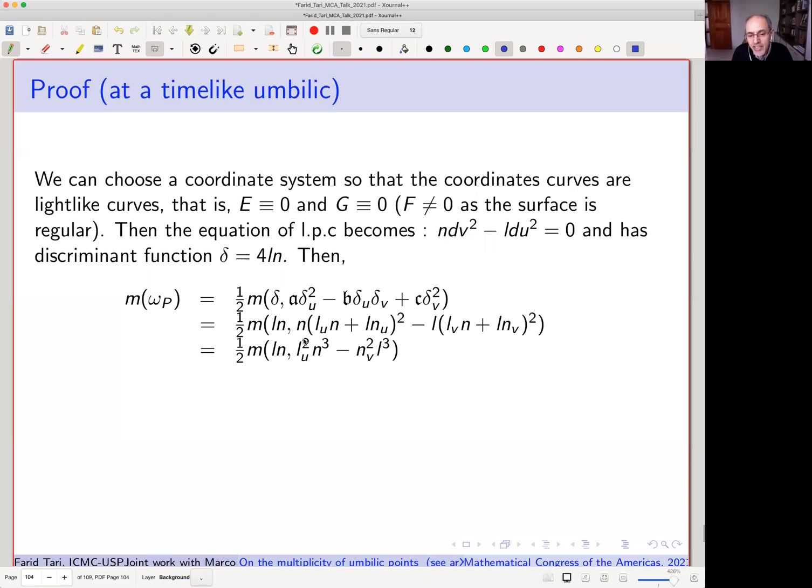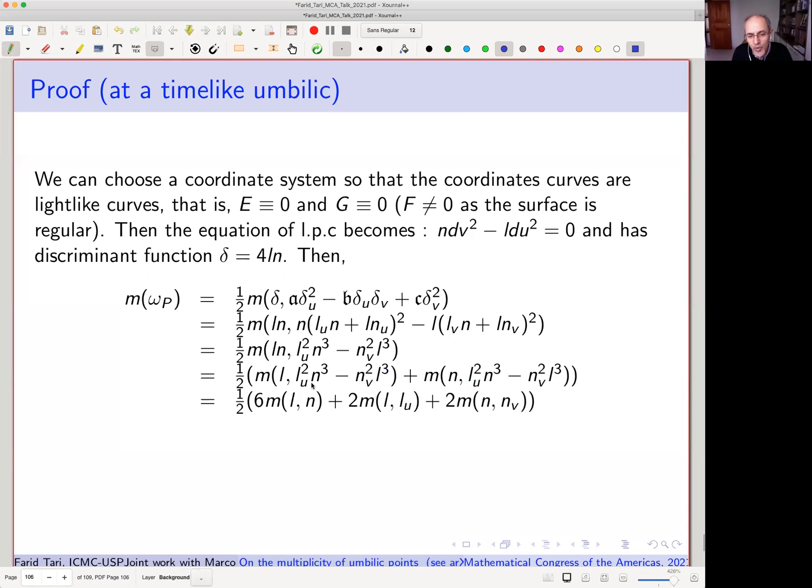So what is left is L u squared N cubed and v squared L cubed. I just use the properties of multiplicities of ideals, or codimension of ideals. This is the multiplicity of L times this, multiplicity of N times this. But here I have L, like this goes. So the multiplicity of this will be just the multiplicity of this one. But I have a cubed here. So the multiplicity is 3 times.